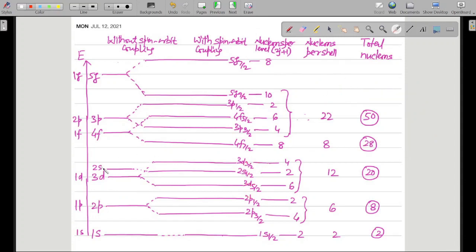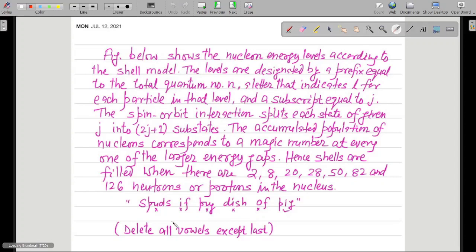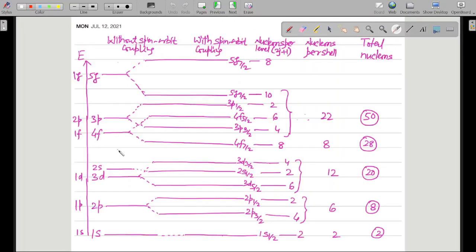Now please note that there is another energy level, 2s. After d, s is there. So again s will come, but this time as 1s was already written, we will write it as 2s.